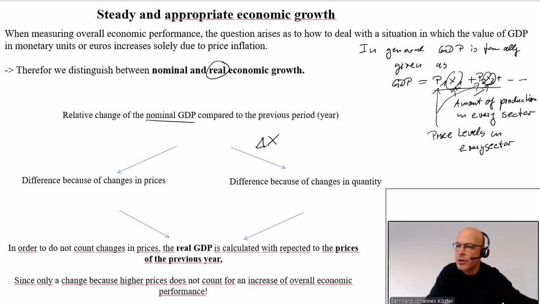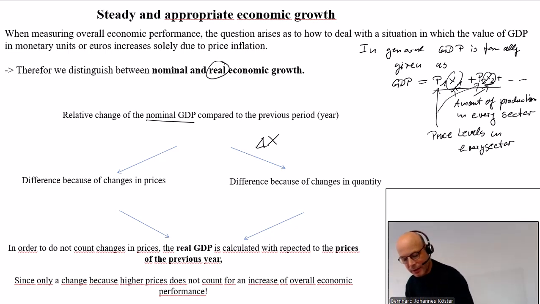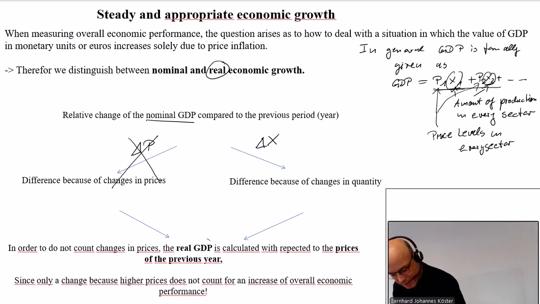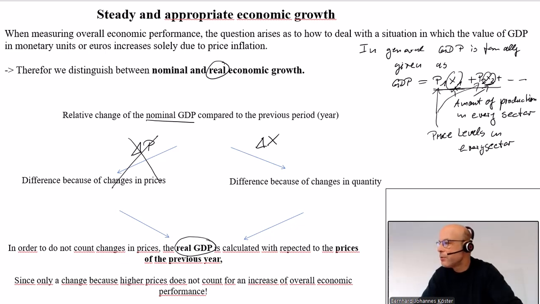And if we really produce more goods and services, then in general we would talk about this situation as that we have grown. But this number, P times X, can also increase if only prices increase. And in order to talk about economic growth, we try to get rid of these price changes. And then we end up with the real GDP.